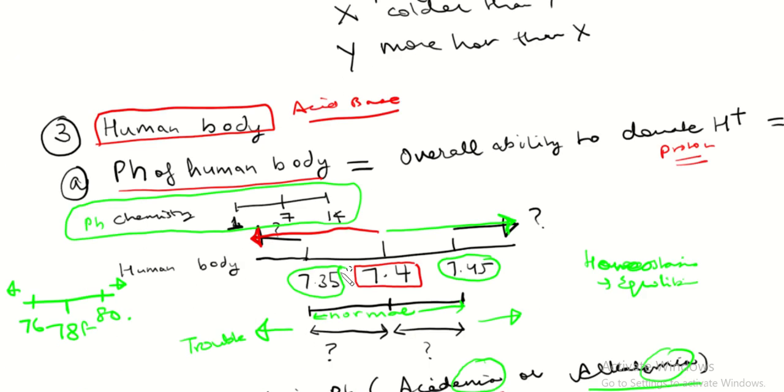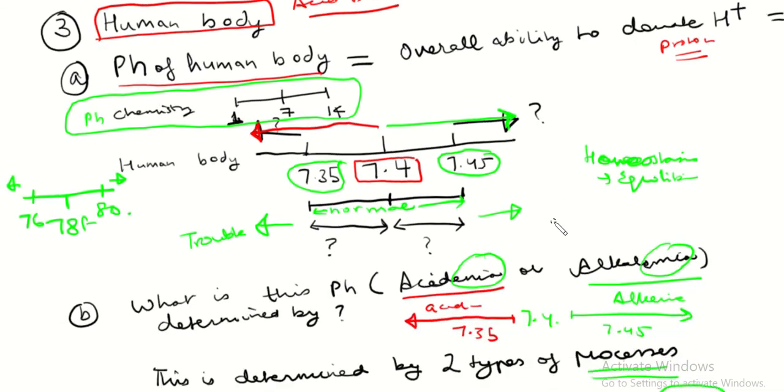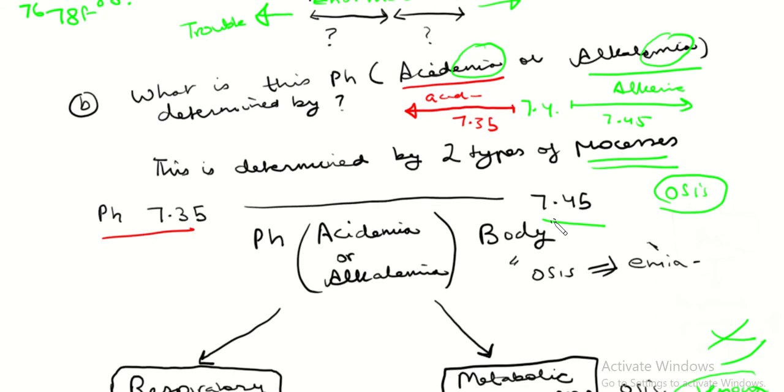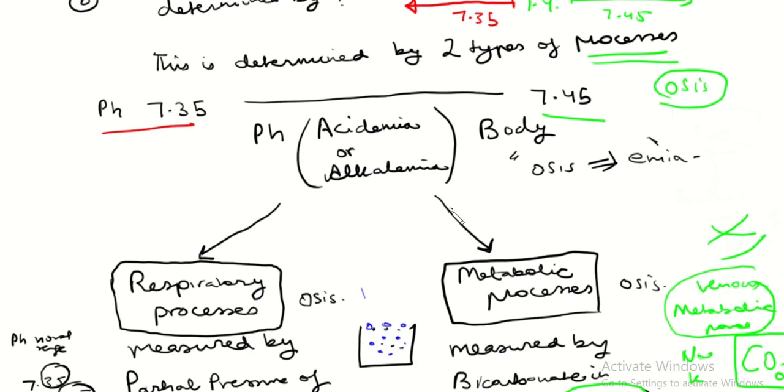In the human body, we talked about pH being normal 7.4, and the normal range is 7.35 to 7.45, and we looked at acidemia versus alkalemia, right? And normal versus abnormal. We talked about the two processes. pH is emia, acidemia or alkalemia, and then the processes are osis.